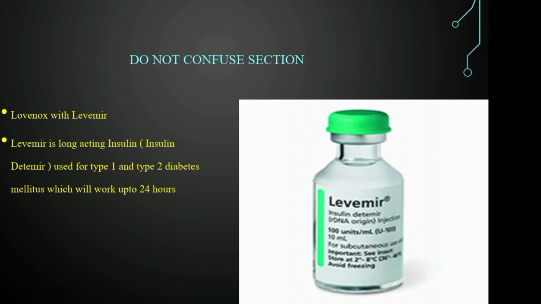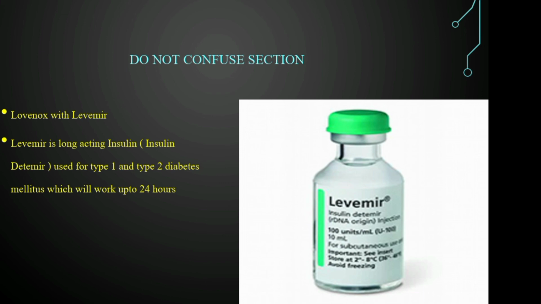Another important section of this drug is the do not confuse section. As there are many kinds of medication errors, there are LASA errors, means look alike or sound alike errors. This is one of the errors that we can see in this do not confuse section. Many patients or members will mistake this drug with Levemir.